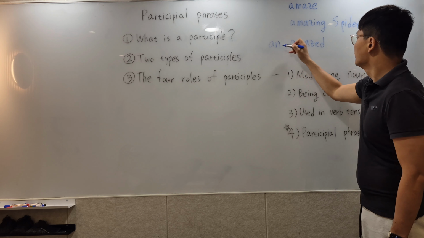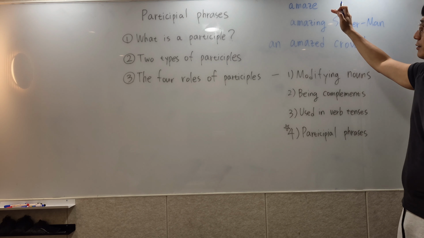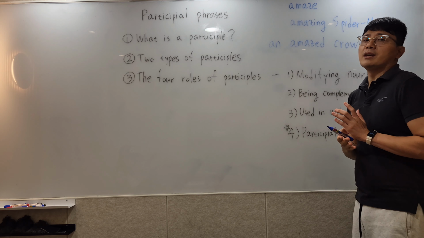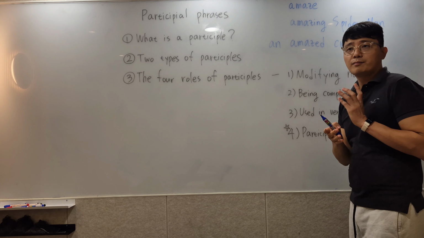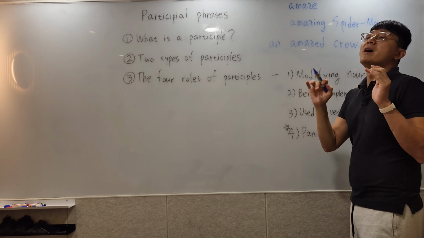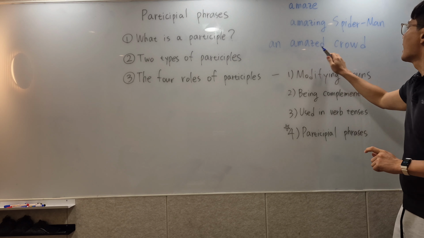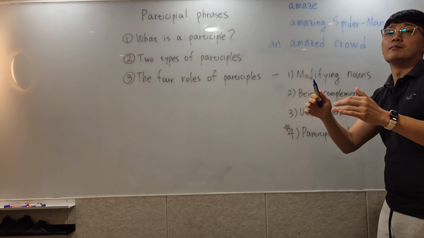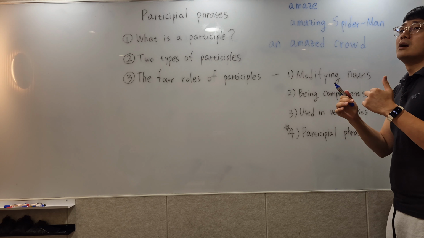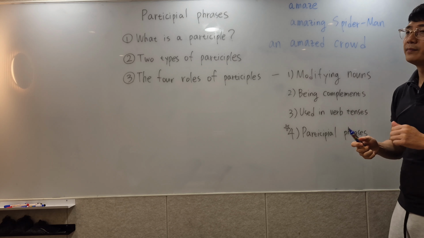And there is this an amazed crowd. Let's think of these two phrases. Okay. So, amazing Spider-Man. What does it mean? Amazing Spider-Man is actually amazing other people or amazes other crowd, okay? While an amazed crowd means that the crowd is amazed by Spider-Man or the crowd is amazed by Spider-Man's superhuman ability, okay?